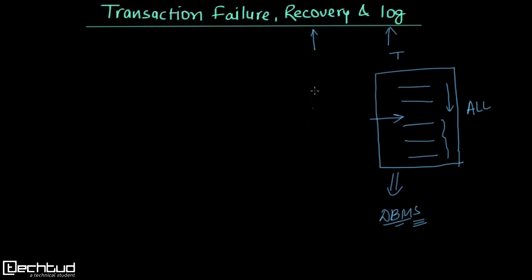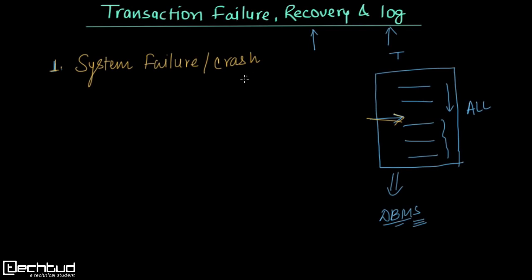So first let's understand what are the reasons for transaction failure. Generally transaction failures have the following reasons. The first one is system failure or system crash. System failure means during the transaction, at a certain point, the system or the computer fails due to n number of reasons.